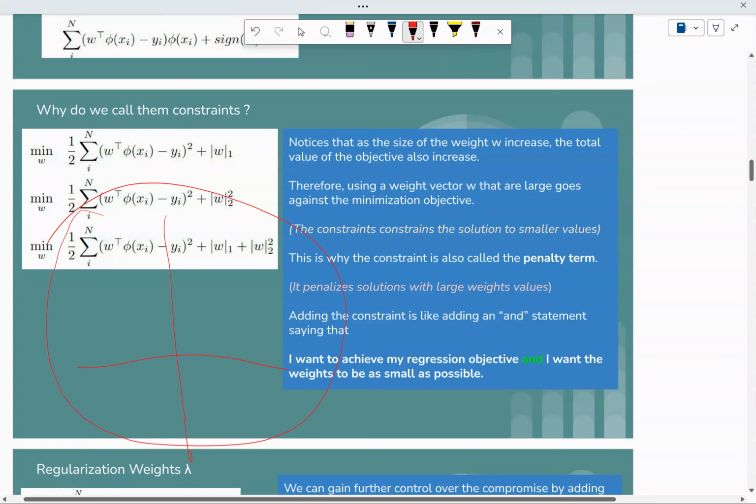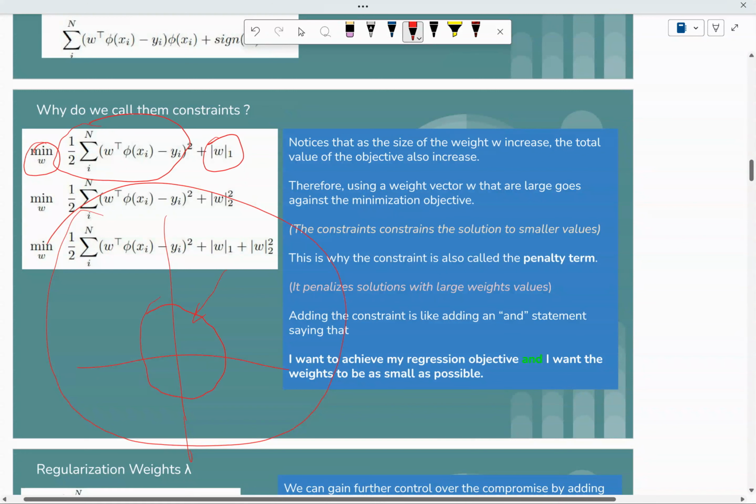However, notice how if we add a norm constraint, since this norm is always a positive value, if we have a very large weight, it kind of goes against the minimization. Therefore, it turns out that when you run gradient descent, the solutions you get is constrained to a subset of weights where the size of the weights are significantly smaller. Okay, because you want small weights that satisfy this rather than very large weights.